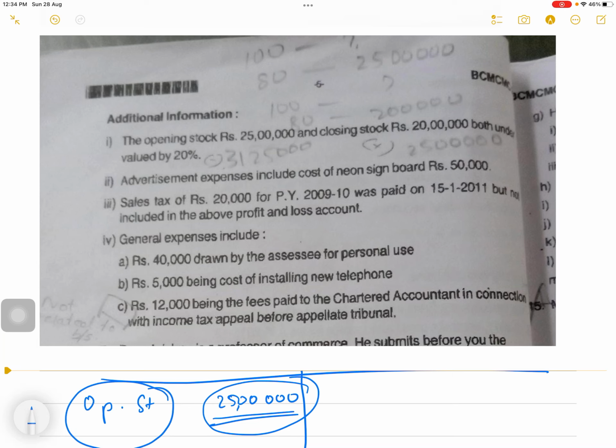Rupees 5,000 being cost of installation of new telephone. This amount is allowed. Any expenses related to telephone are considered as revenue expense. It is not considered as capital expense, even installation of telephone.